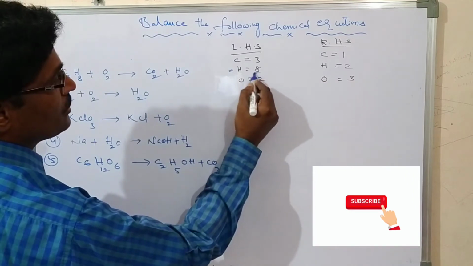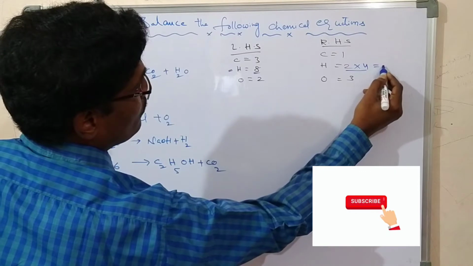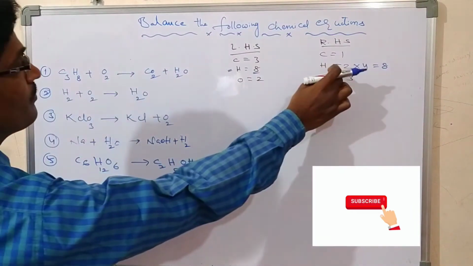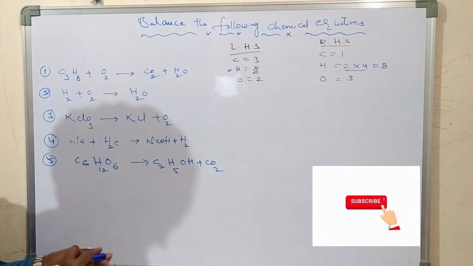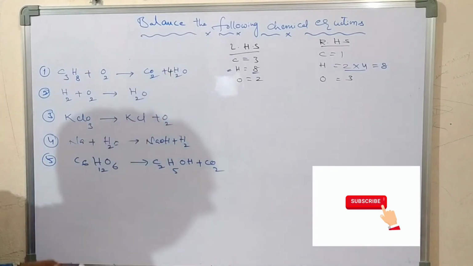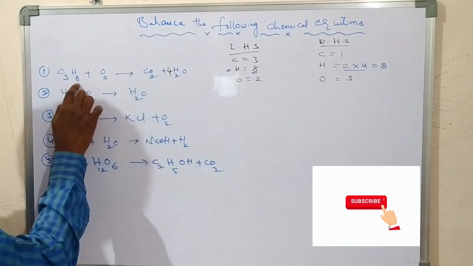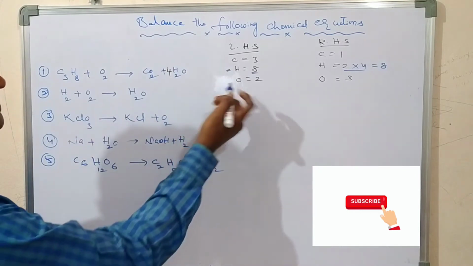With 4 you have to multiply, and how many do you get? 8. Where do you put that 4? In front of the hydrogen. I am putting 4 here. Now here 8 hydrogens, here also 8 hydrogens.